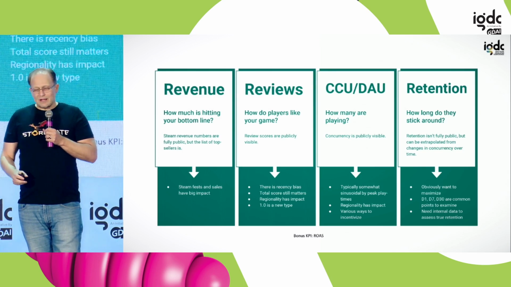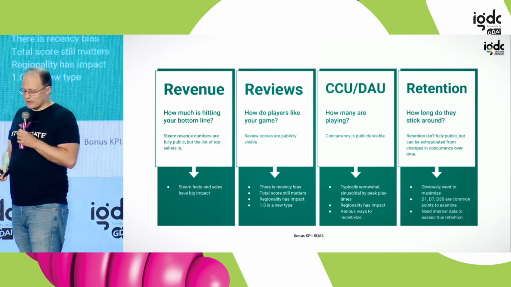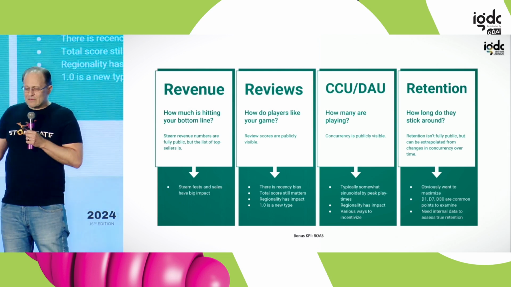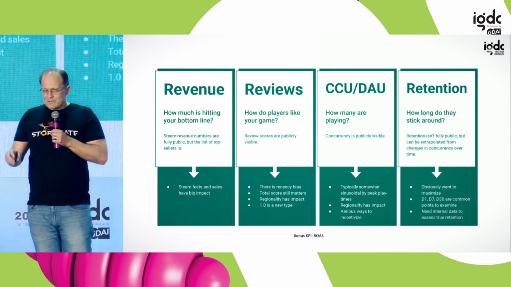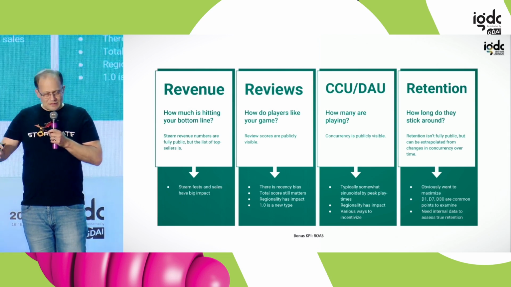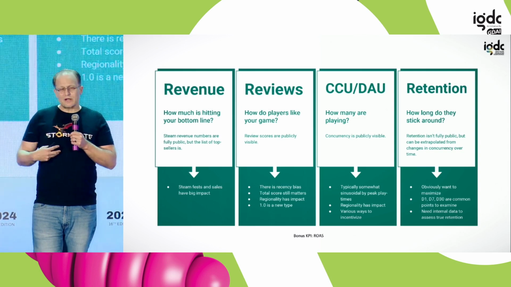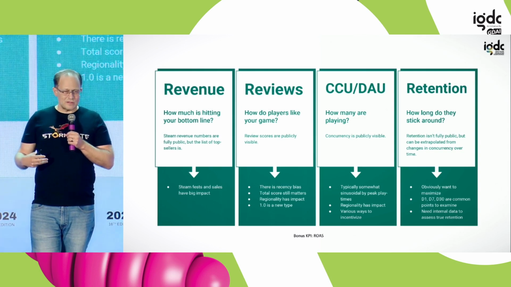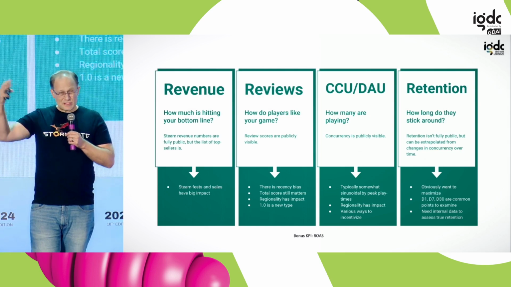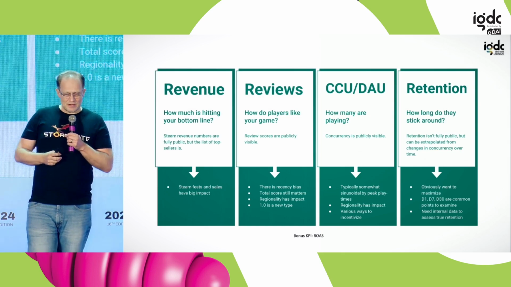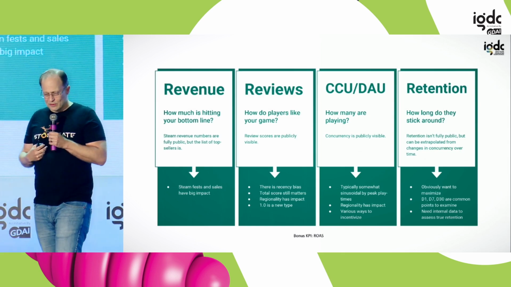Concurrency, once again, is a publicly facing number. Daily active users isn't directly indicated, but it's easily extrapolated. So we look closely at those numbers for our game. We certainly look at the CCU for other games that are out there just to understand, relative to other early access games, how are we doing?